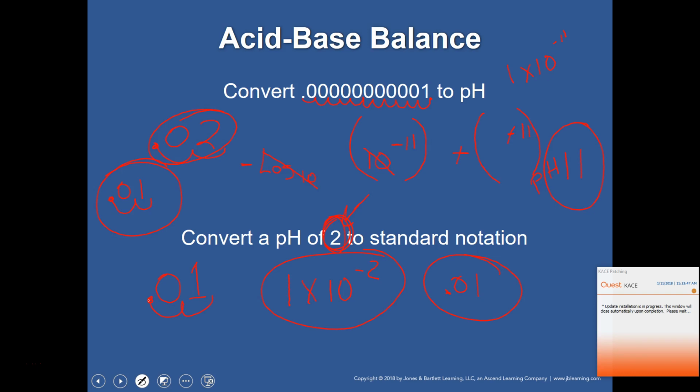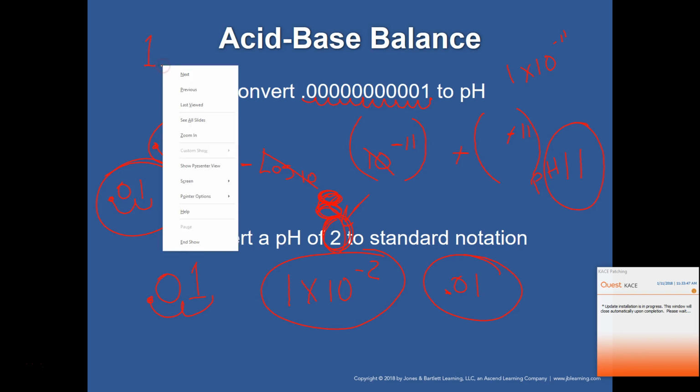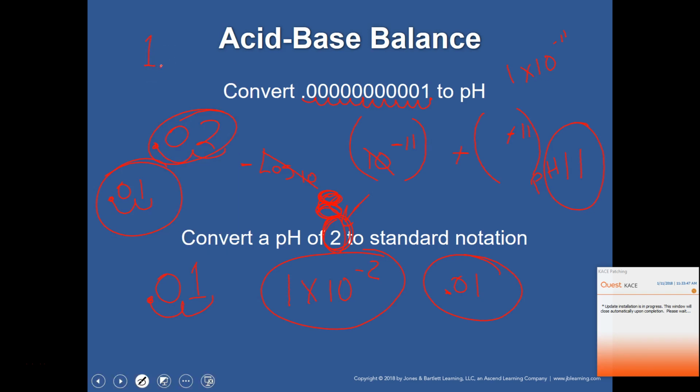All right. So if we start there with an 8, right? If our pH is 8 right here instead, that'll change things just a bit. Remember, we'll put a 1 down. Don't put an 8, put a normal 1, and put the decimal place right where it should be. 1, 2, 3, 4, 5, 6, 7, 8, all the way over here.